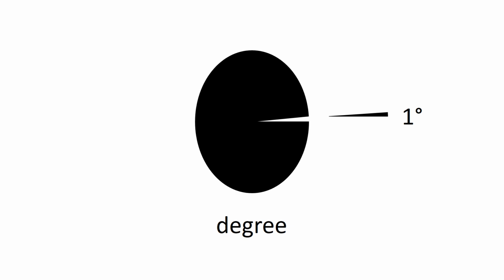The next measurement is degree. In navigation, this is the unit of measurement used. If you divide one revolution or one complete circle into 360 parts, one part of that is 1 degree. So a complete circle is 360 degrees.